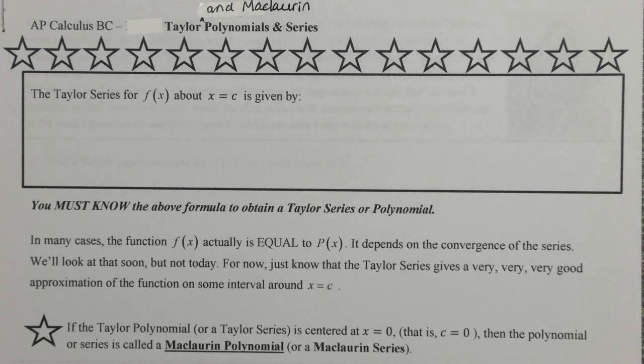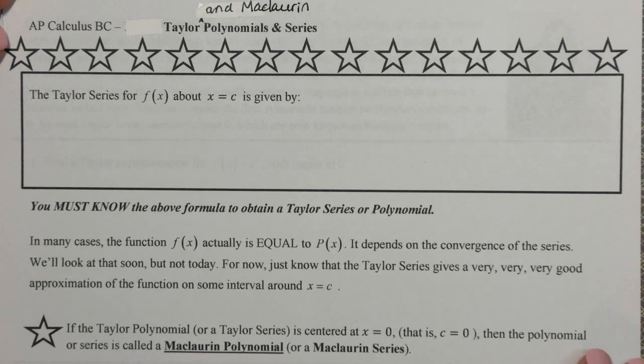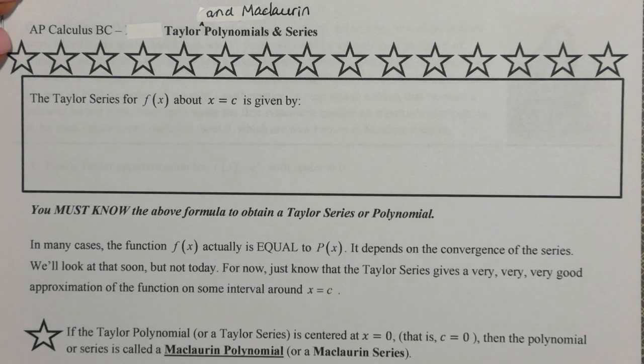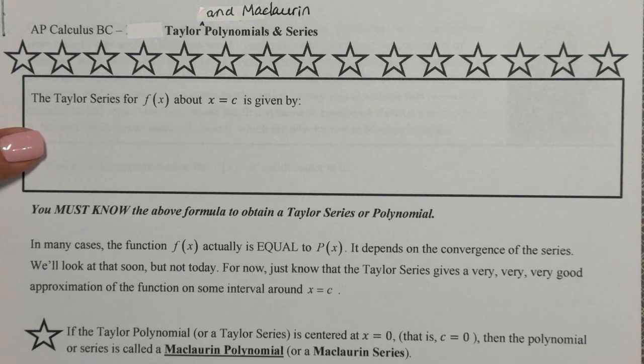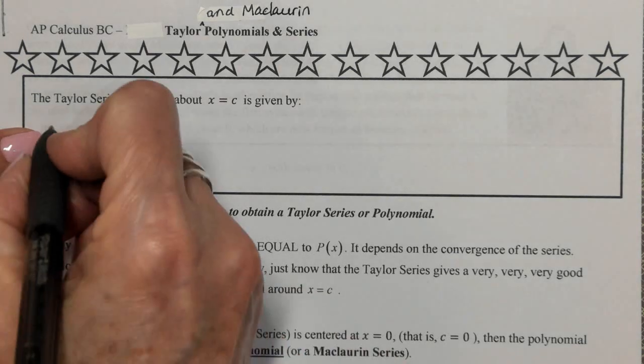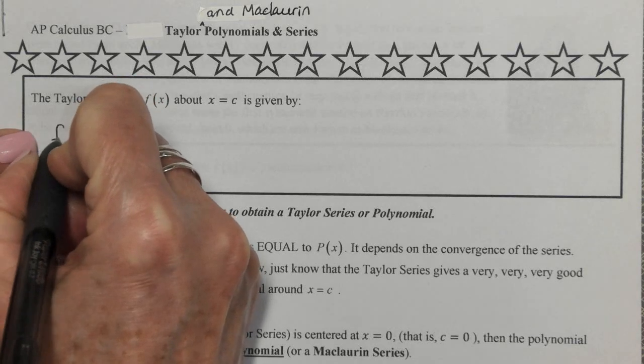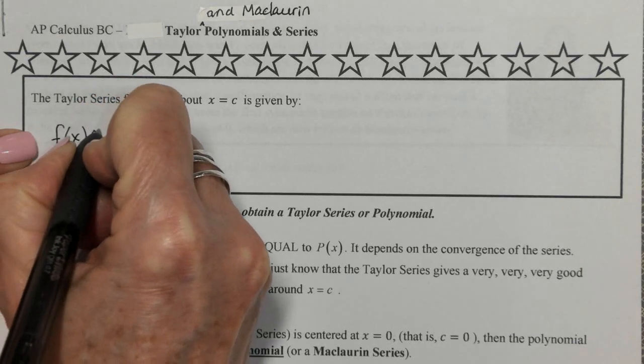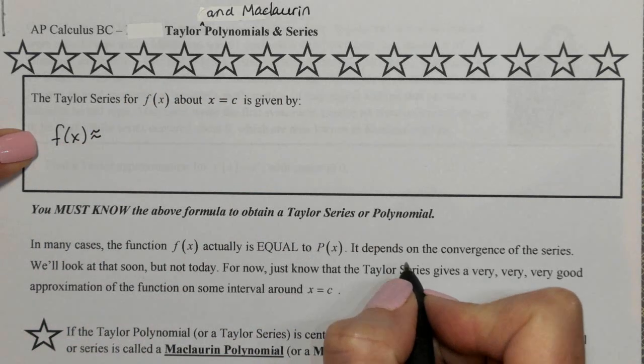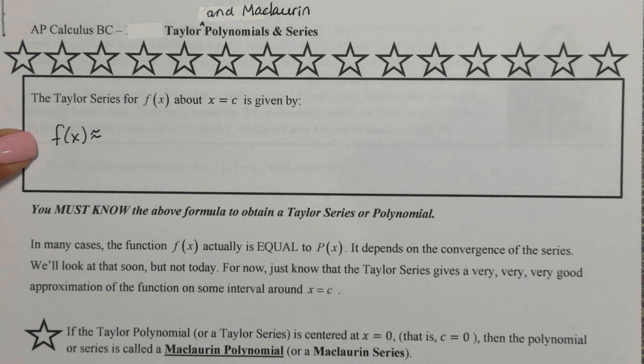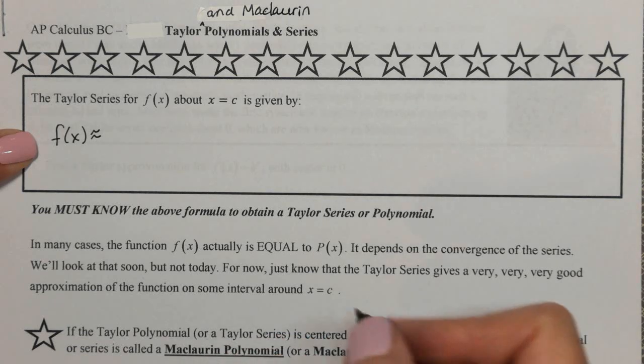After the Unit 11 test, hopefully, I was able to introduce the Taylor series to you. So let's review what the Taylor series is. A Taylor series approximates a function, any function, with a polynomial series, a power series of x.